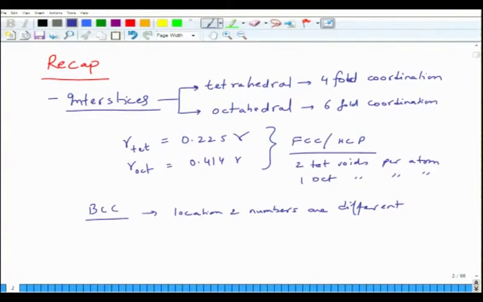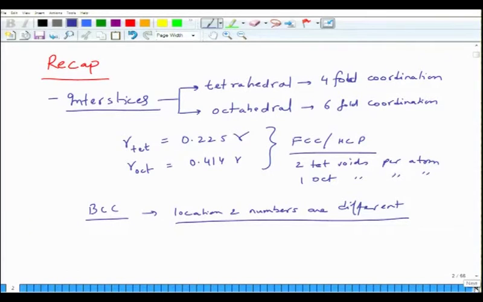I will leave it to you as a home exercise. That is, what is the location of tetrahedral and octahedral voids in the BCC structure, and what is their number. And you can also calculate the size of atom that can fit in there. You have to be a little careful there because the sites of tetrahedra and octahedra are different, they are not regular. As a result, you need to look at the minimum side length.